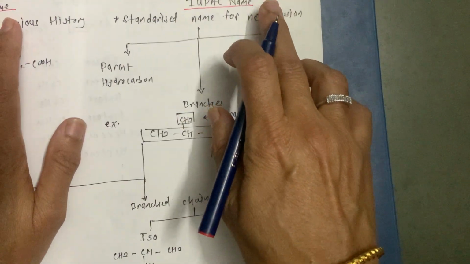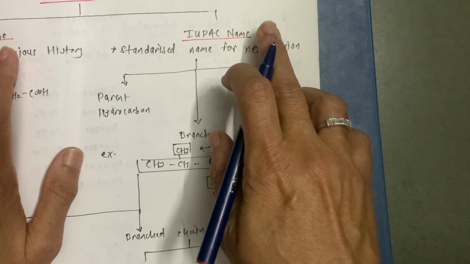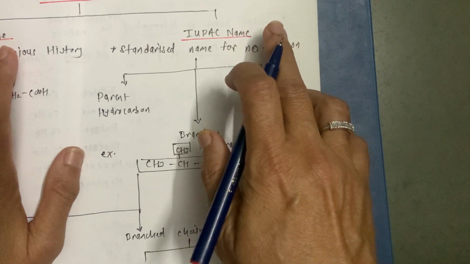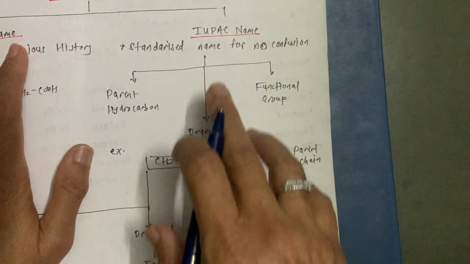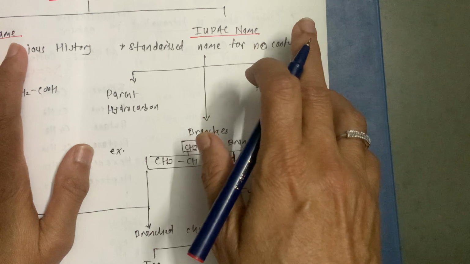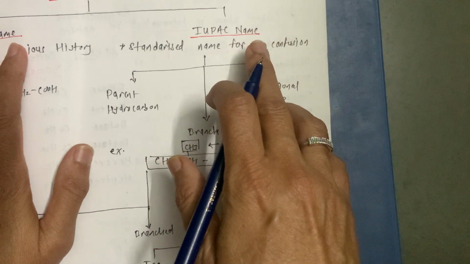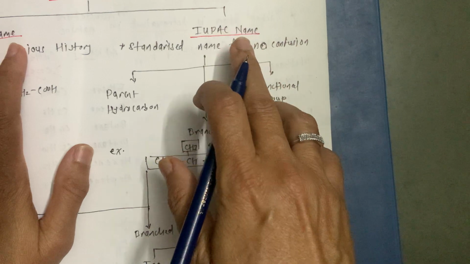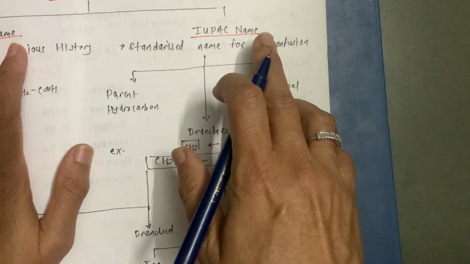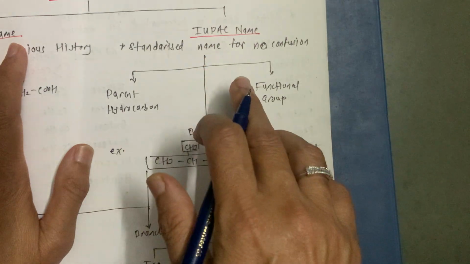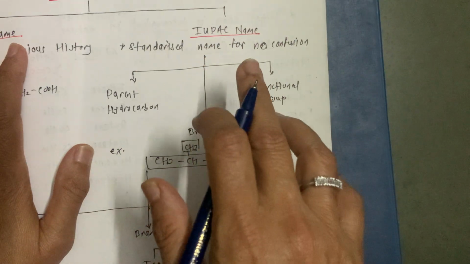This is one of the most adopted systems and very important too, because in 12th standard we have to know the IUPAC name of each and every compound. For your board exams or for your entrance exams, there is always a question on IUPAC name. So you have to revise it thoroughly. Again go through all your 11th standard syllabus.